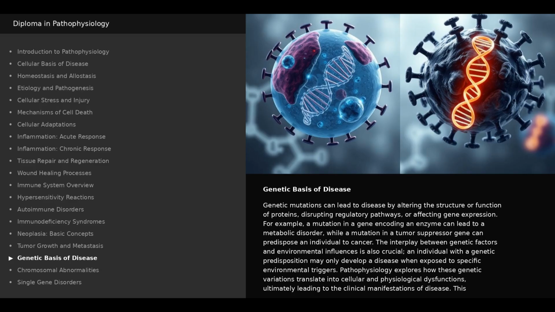An individual with a genetic predisposition may only develop a disease when exposed to specific environmental triggers. Pathophysiology explores how these genetic variations translate into cellular and physiological dysfunctions, ultimately leading to the clinical manifestations of disease. This understanding is key to personalized medicine.